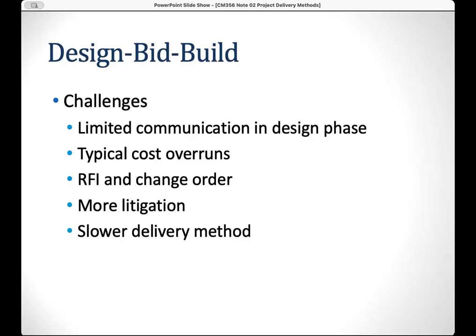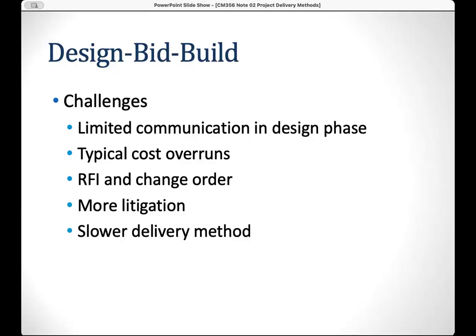Yes, as mentioned, there may be some RFIs and change orders. And also, this is a slower delivery method because you will have some changes during the project construction period that result in redesign and then result in a delay of the entire project.